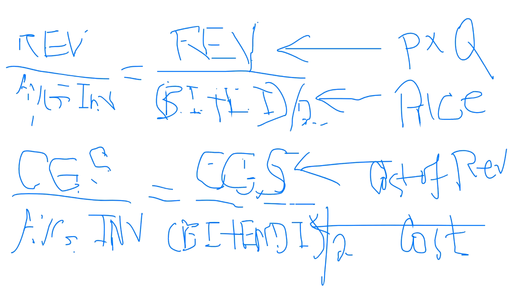So it's only fitting and proper to divide it by cost, right? Average inventory means average cost of inventory, right? So this is generally called manufacturing method, and this is called retail method.